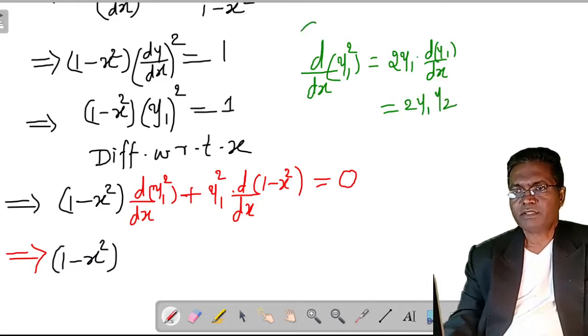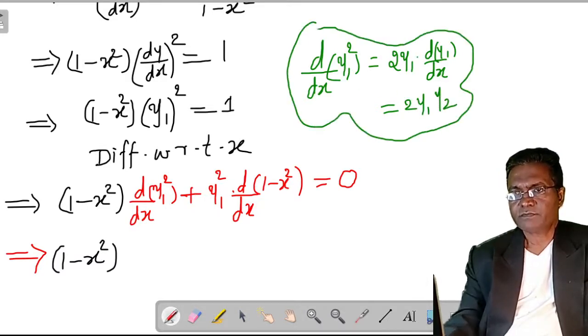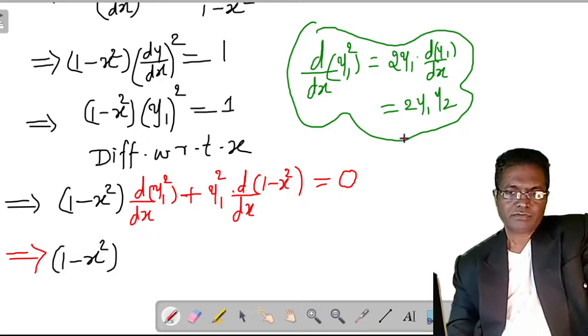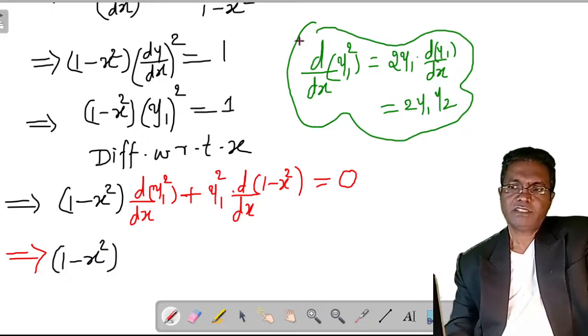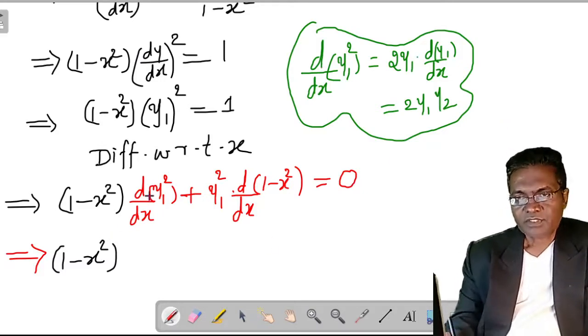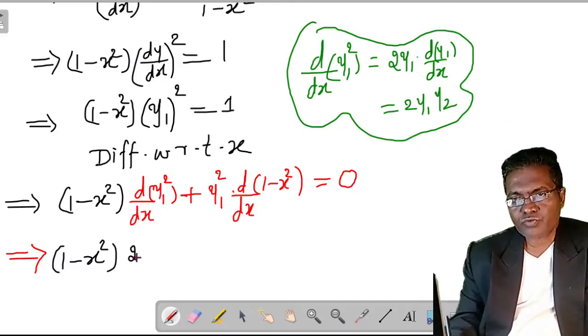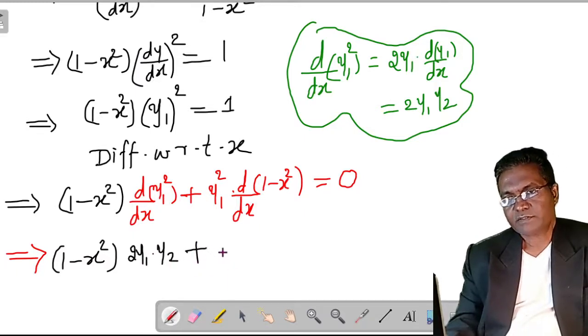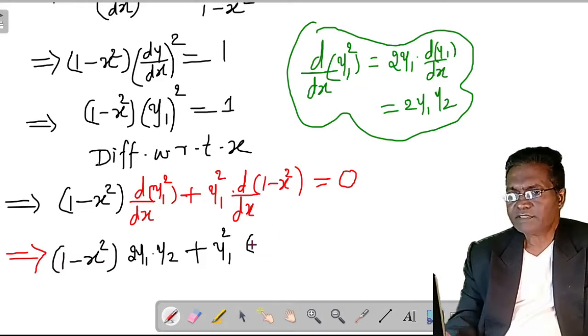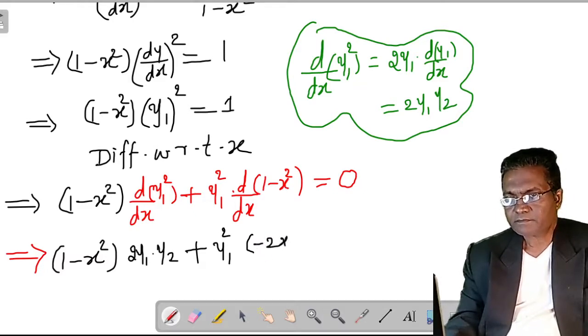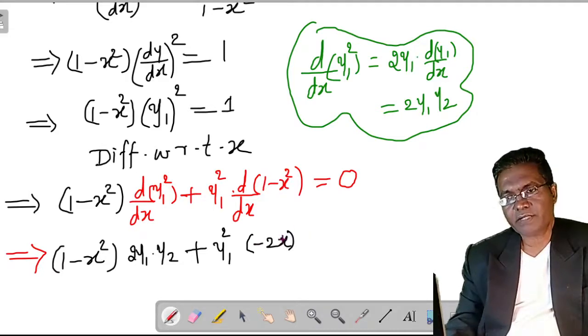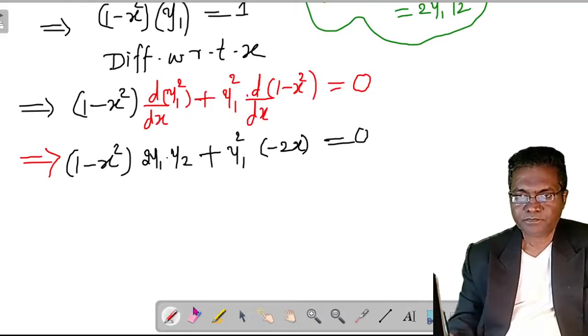So remember this, derivative of y1 square is 2y1 y2. So I write directly, derivative of y1 square is 2y1 into derivative of y1 is y2, plus here y1 square as it is, and derivative of 1 minus x square: derivative of 1 is 0, derivative of minus x square is minus 2x. So you can write minus 2x equals to 0.